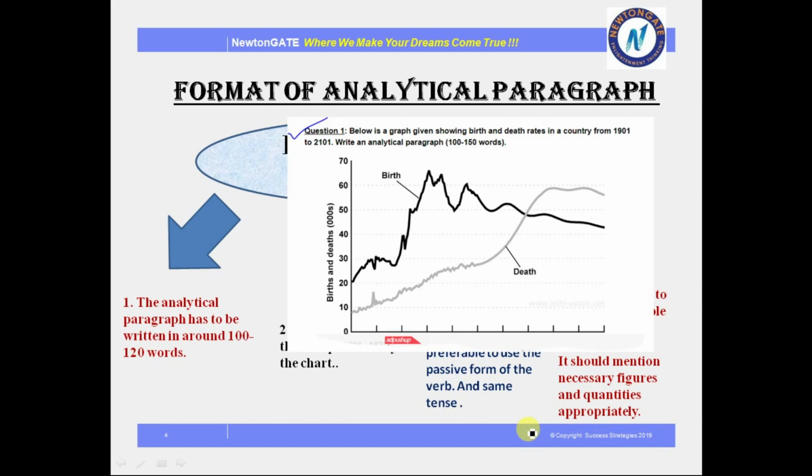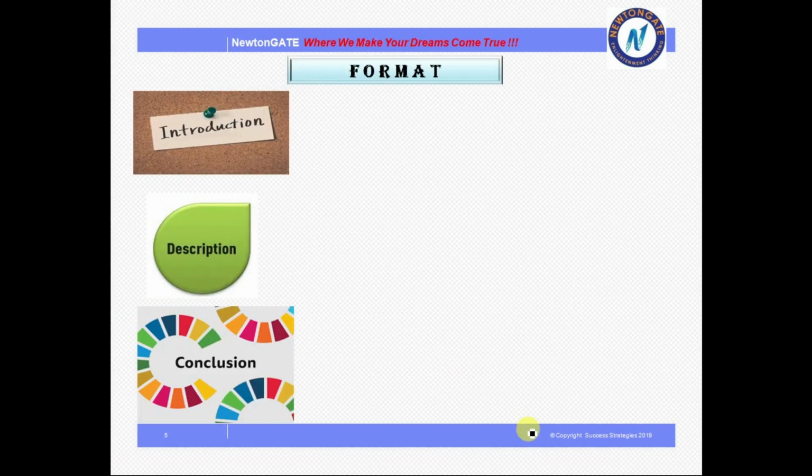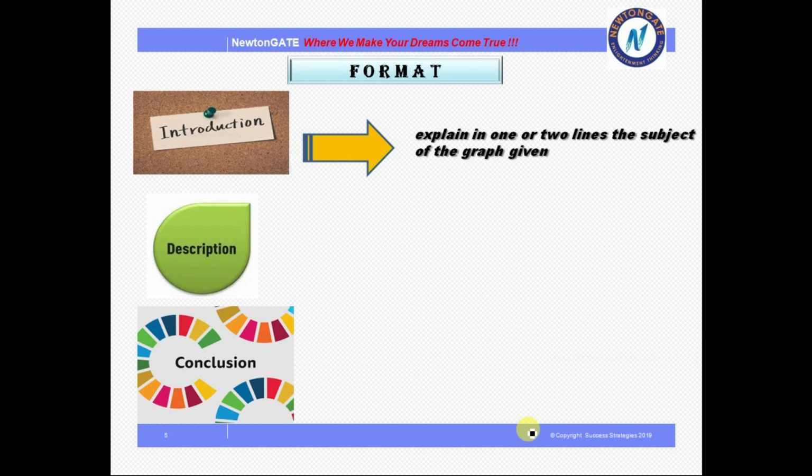Next, let's move to the format. The format is very easy. First we have the introduction. What is the introduction? The introduction is the first paragraph that should describe in brief what the graph is about.